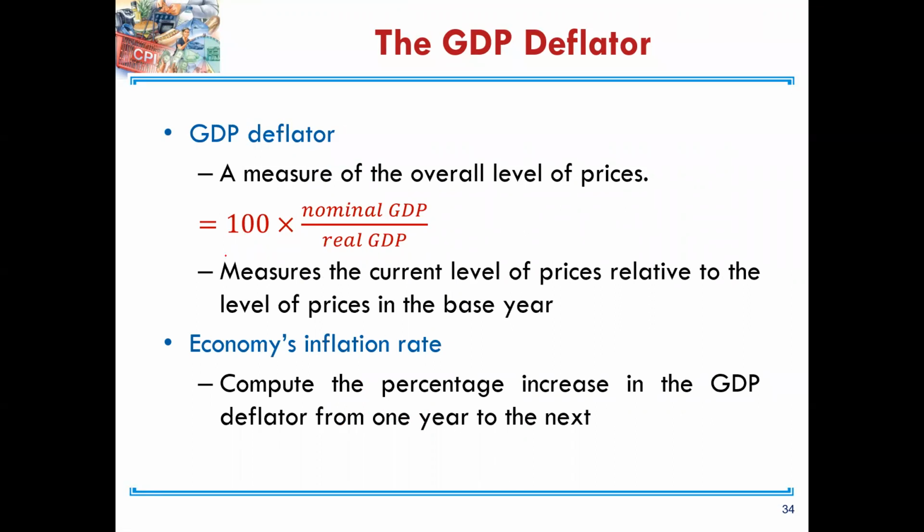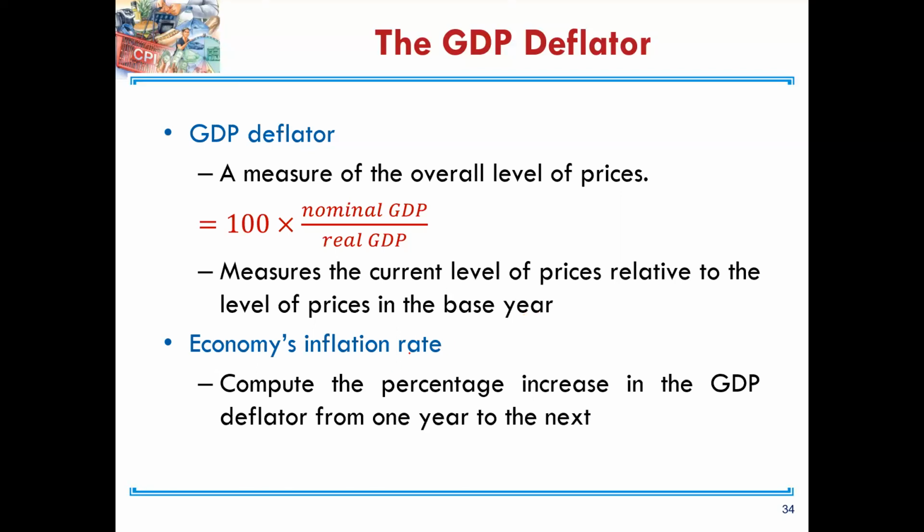And you can compute this GDP deflator by multiplying 100 by the ratio of nominal GDP and real GDP. And we can say that the GDP deflator measures the current level of prices relative to the level of prices in the base year. Okay.